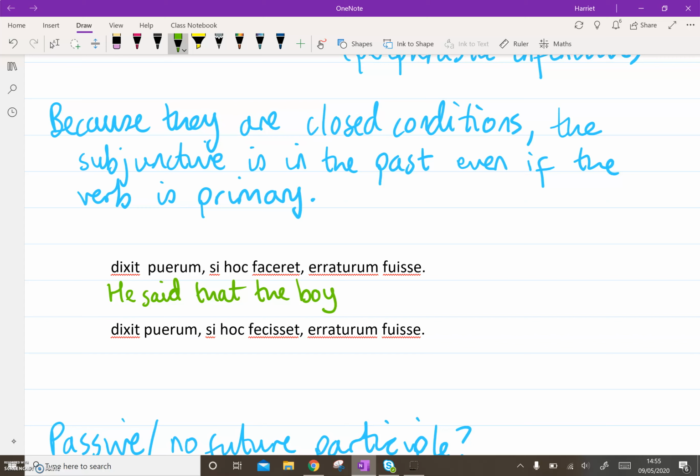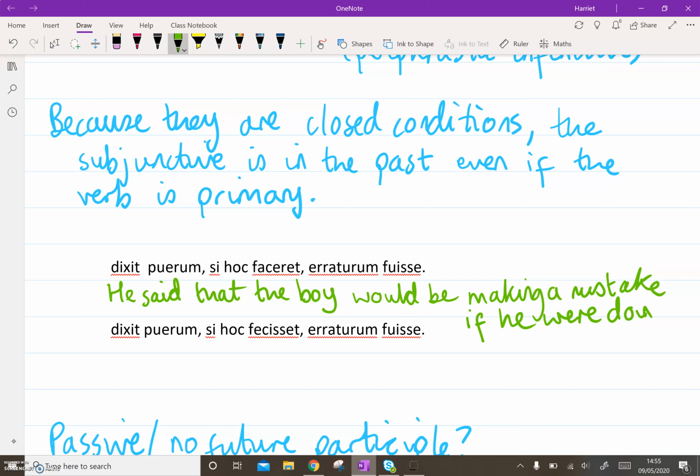So in nice English, he said that the boy would be making a mistake if he were doing this. And that were makes sense here because when we had the imperfect subjunctive in a closed condition, to express something that is happening in the present, we would use the imperfect subjunctive.